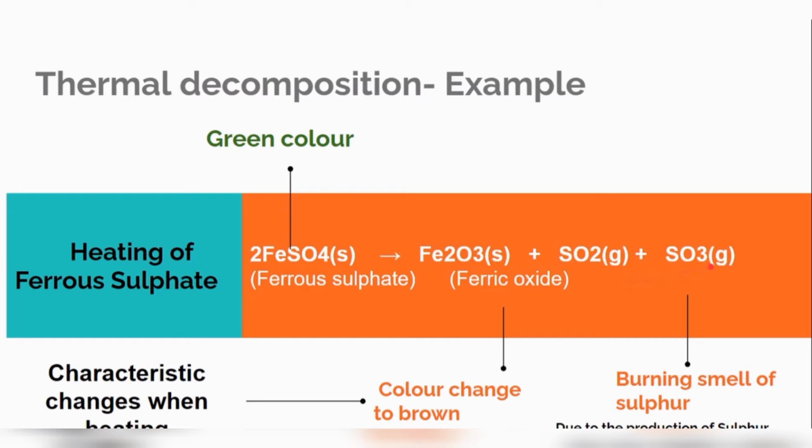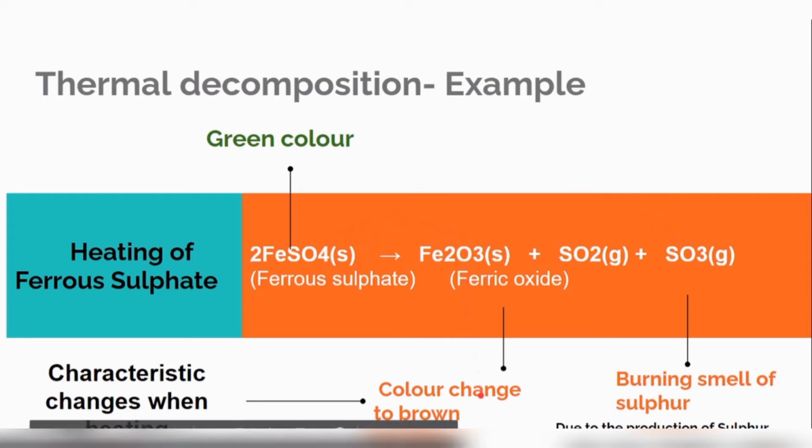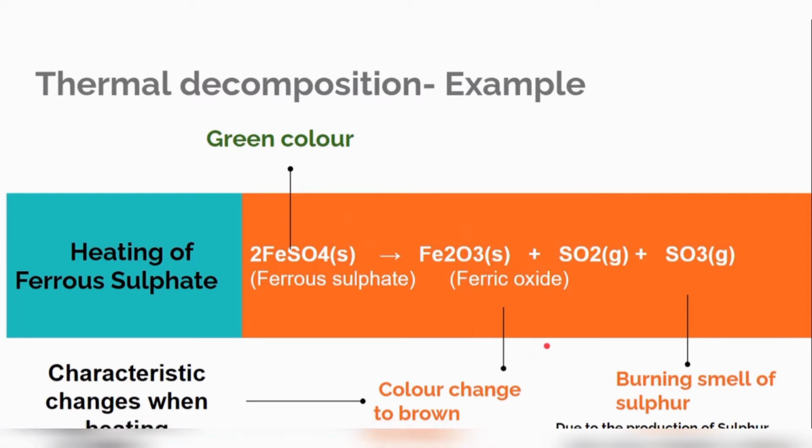So this is the heating reaction of ferrous sulfate. In the beginning of the reaction, the ferrous sulfate color is green, but after the decomposition, it is converted to ferric oxide. Its color changes to brown, and we can feel a smell of burning sulfur, because sulfur dioxide and sulfur trioxide are produced.